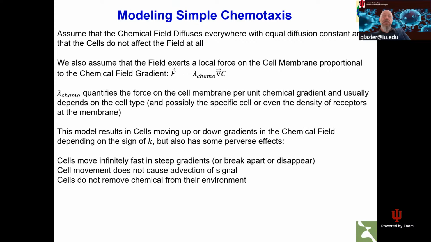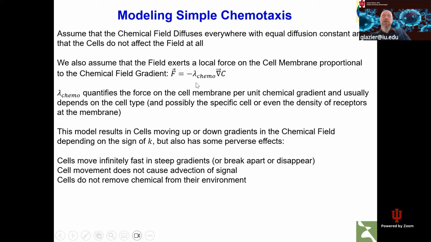The simplest possible assumption is, first of all, the chemical field is diffusing everywhere, and the cells don't affect the field at all. But the cells can read the field at every point, and the chemical field exerts a force on the membrane, on the boundary of the cell, that's proportional to the chemical field gradient.